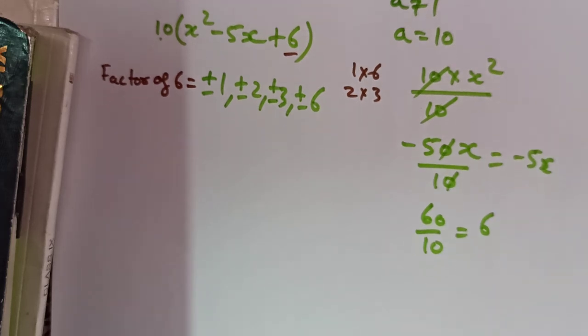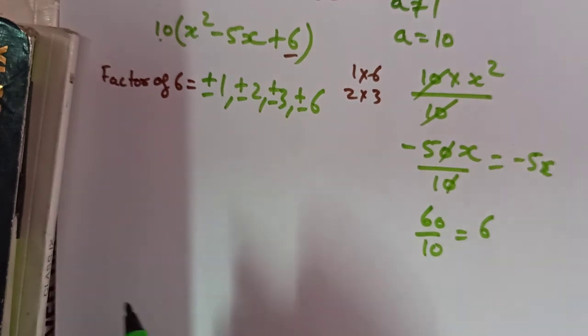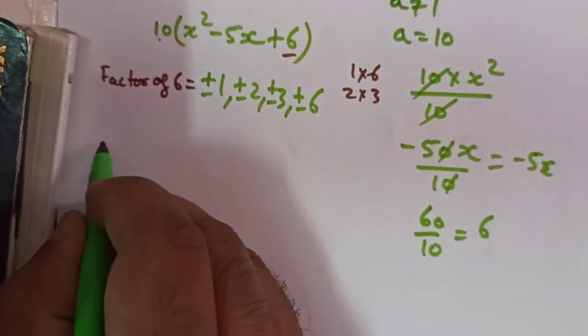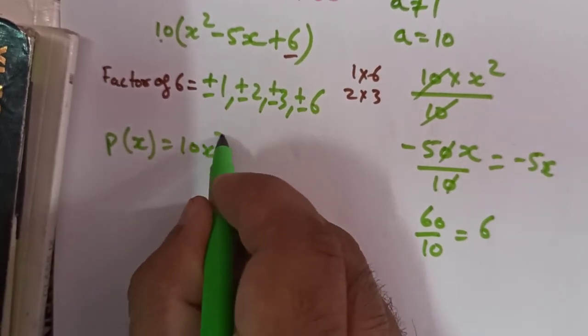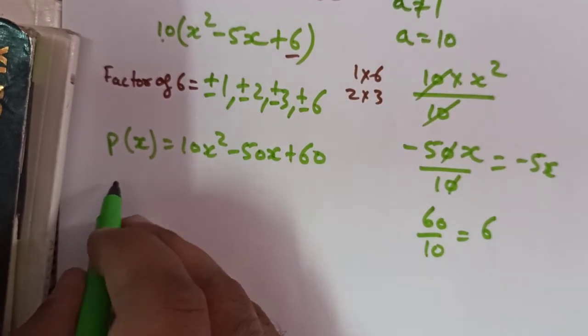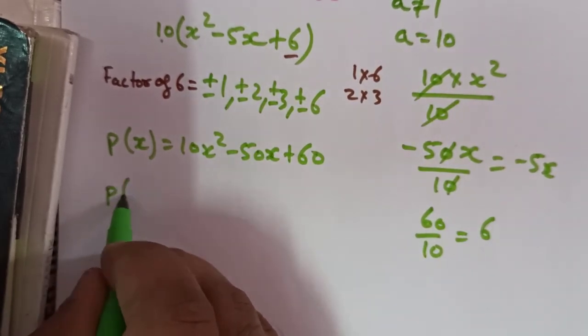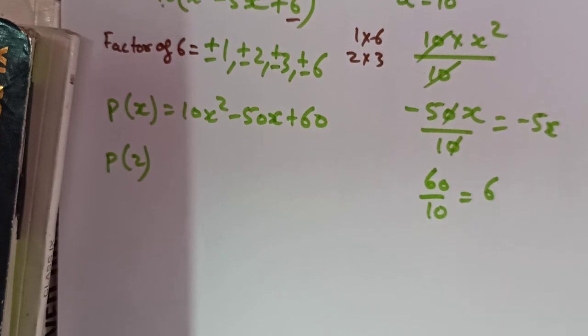Out of these factors, again we have to find two such factors which are the zeros of the given quadratic polynomial. First let me write the polynomial: 10x square minus 50x plus 60. For P(2), we need to test whether x minus 2 is a factor of the given polynomial or not.